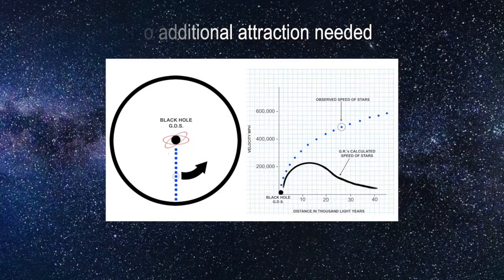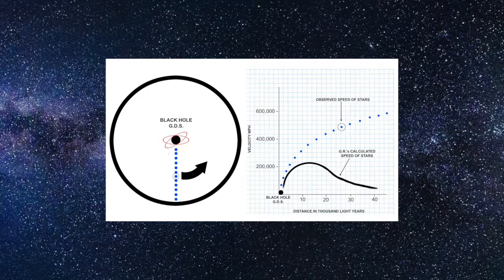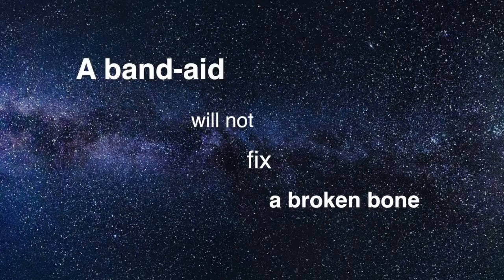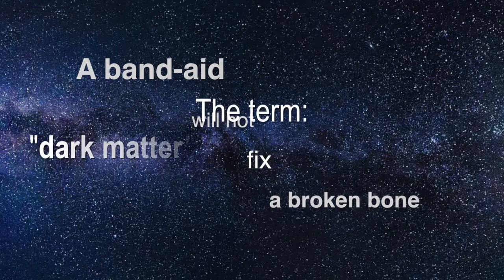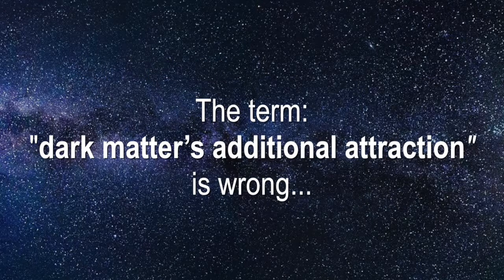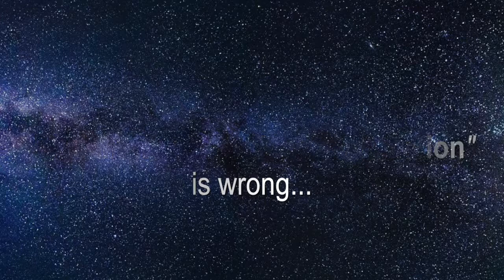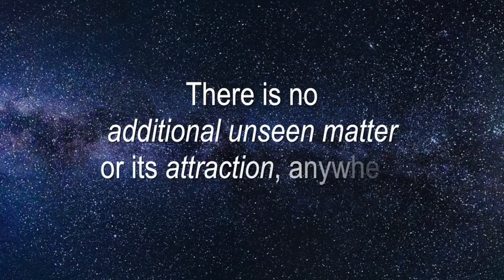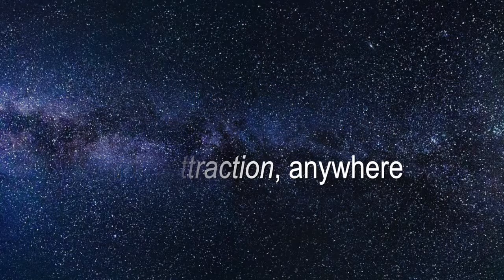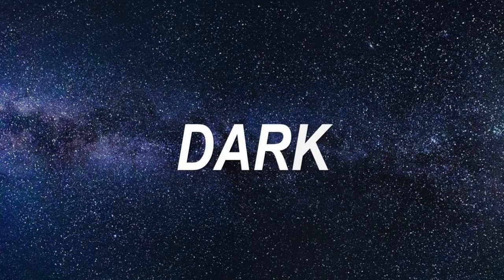This concept is just putting a Band-Aid on a major problem that is like a broken arm, and a Band-Aid will not fix a broken bone. The term dark matter's additional attraction is wrong. There is no additional unseen matter or its attraction anywhere. The only word that is correct is dark, because it means they do not understand the problem.